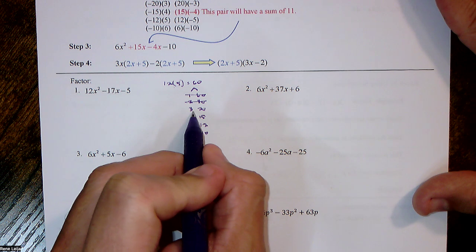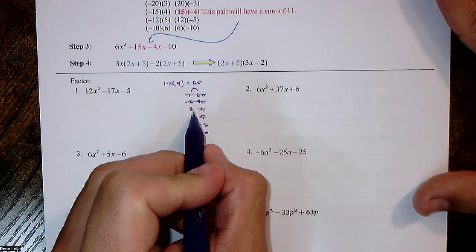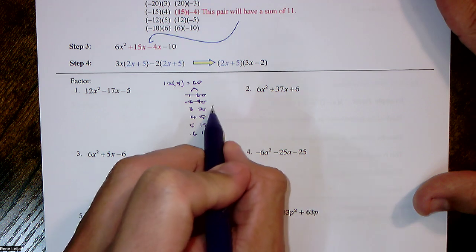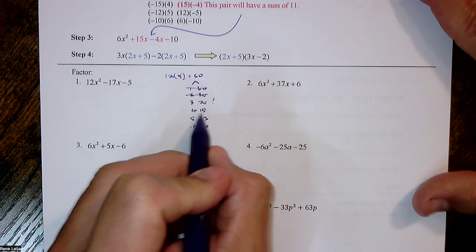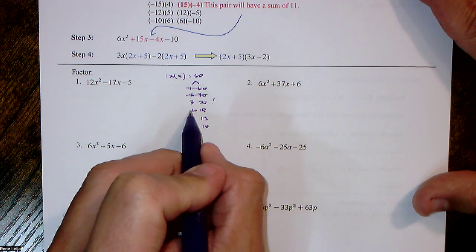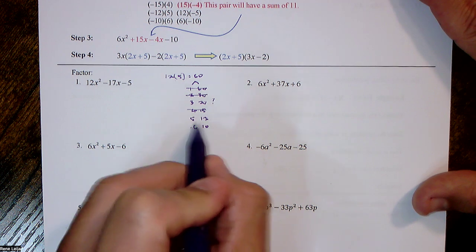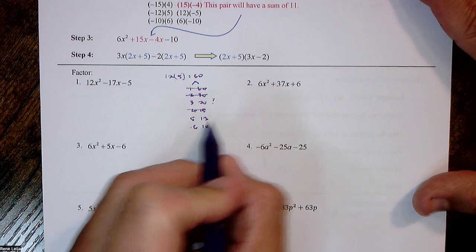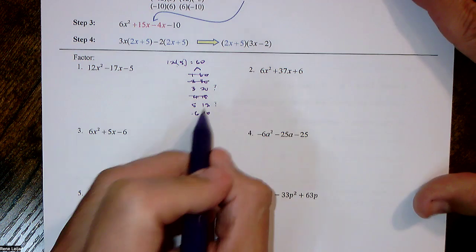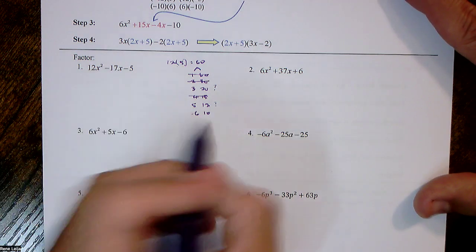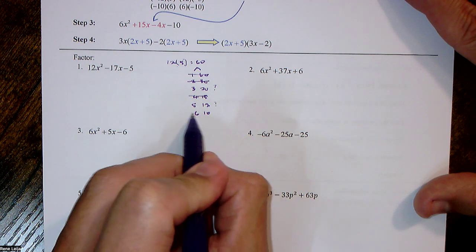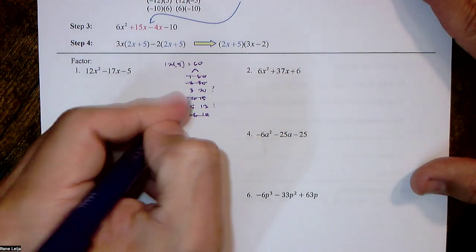If I add 3 and 20, I get a 23. If I subtract it, I get a 17. So maybe. With 4 and 15, if I add, I get a 19. If I subtract, I get an 11. Nope. With 5 and 12, if I add, I get a 17. Well, maybe. And if I subtract, I get a 7. With 6 and 10, if I add, I get a 16. And if I subtract, I get a 4. Okay. So I've got these two factors.